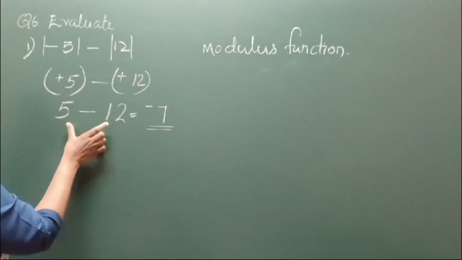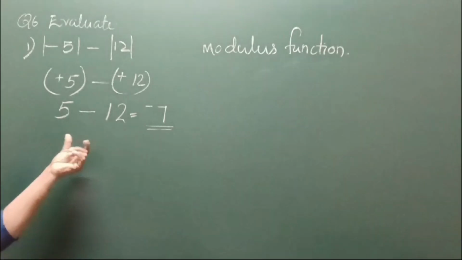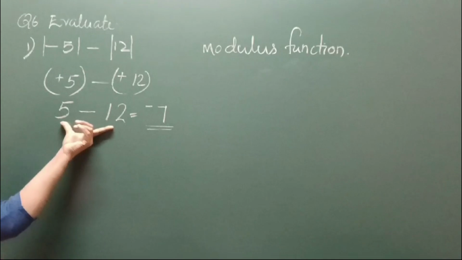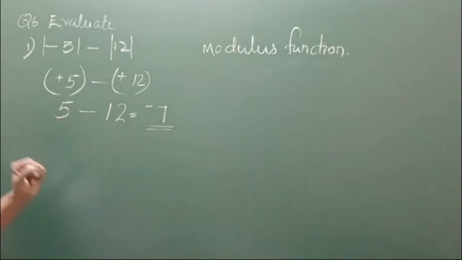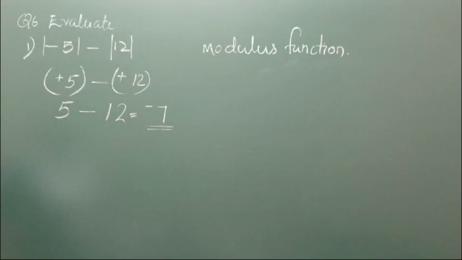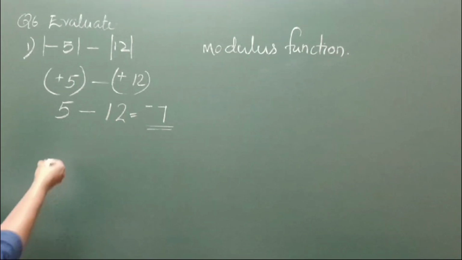When two different signs come, we have to find the difference of these two integers and then give the greater number's sign.